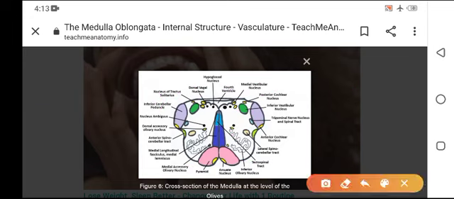So the question is, in the upper third of the medulla, which structure lies? You can see this is the inferior olivary nucleus, and posteriorly there is the vestibulocochlear nucleus.